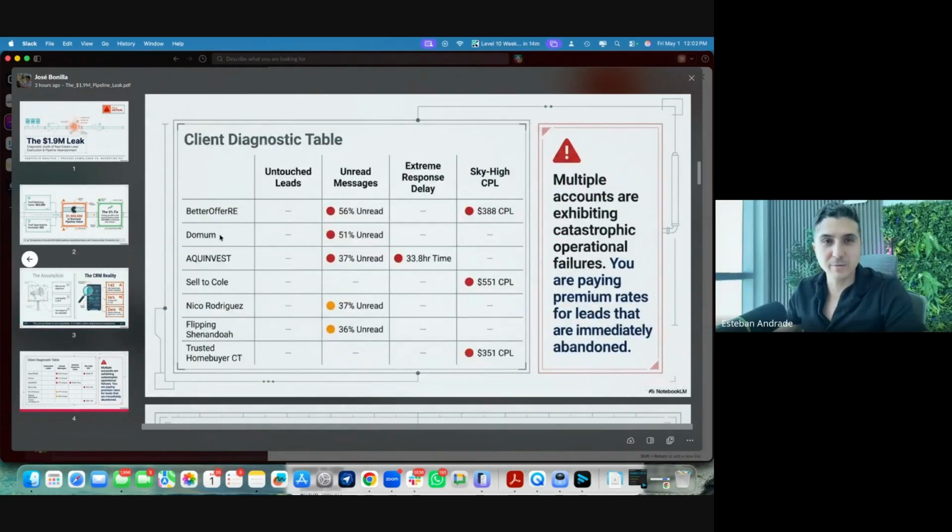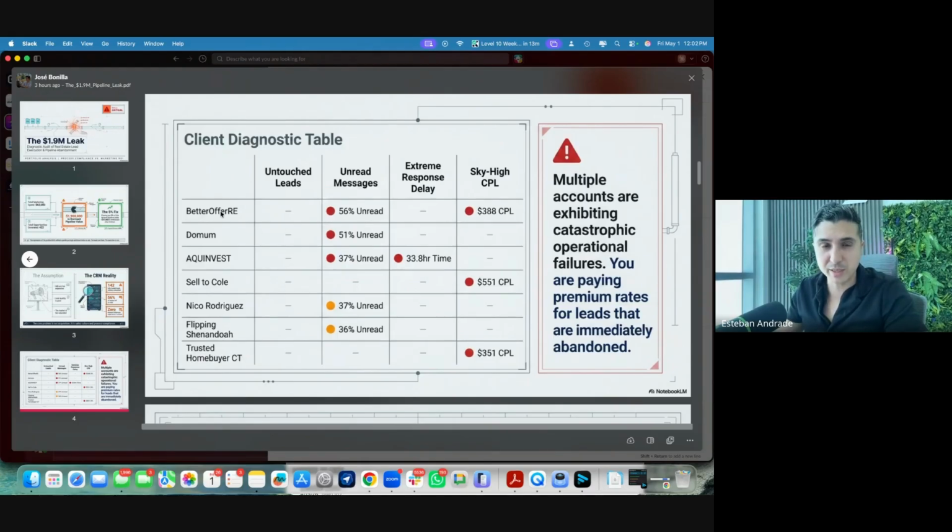So look, we got 7 accounts, right? And multiple accounts were exhibiting, not only from the cost per lead side, some kind of catastrophic operational failures, let's call it like that. For example, this one was 56% of messages unread and a high cost per lead.